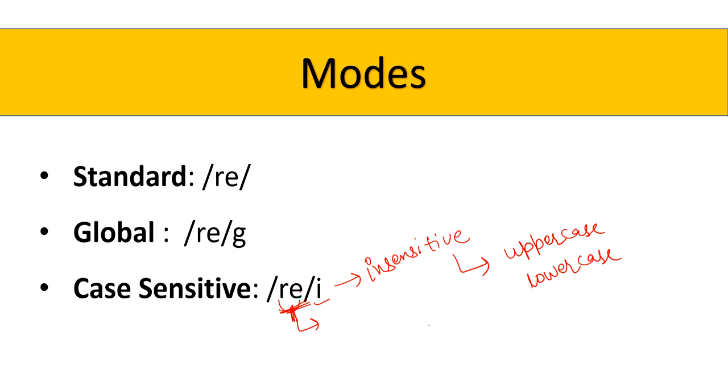There are other ways also that we will discuss later on, but this is very useful and we use it often. Then comes multiline. This m stands for multiline, which matches text that stretches across more than one line. By default, it can span more than one line.